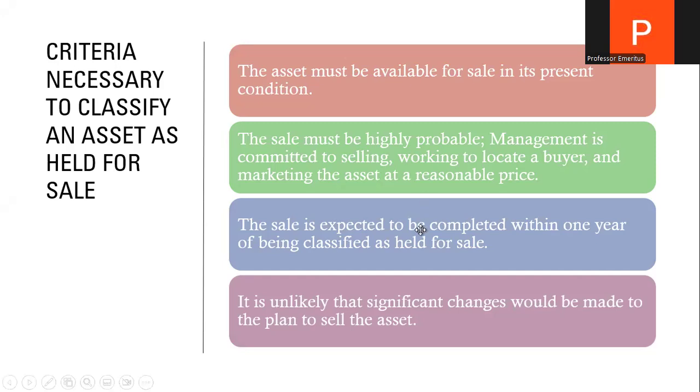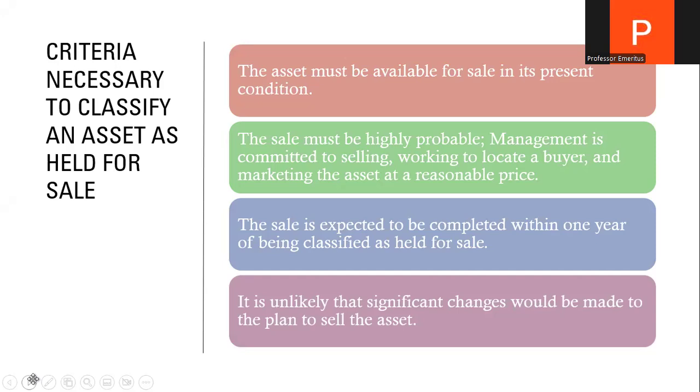The sale must be completed within 1 year, unless there's an occurrence that is beyond the control of the entity that will delay the sale beyond 1 year. And the final criteria is that management is unlikely to change their mind about their plan to sell the asset. We need to tick all these boxes before we can classify an asset as held for sale in accordance with the requirement of IFRS 5.